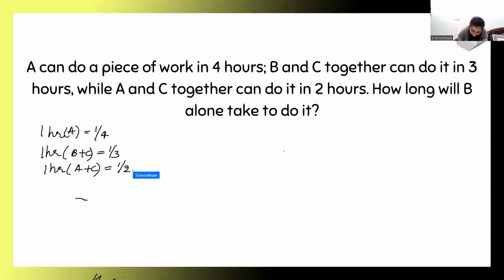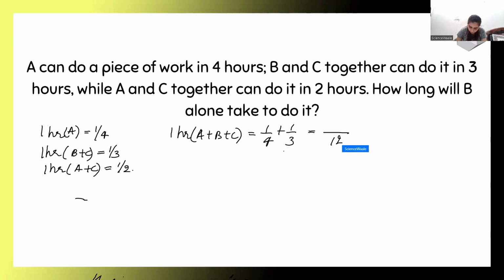So let's just calculate the 1 hour work of all the three. So 1 hour of A plus B plus C will be, so 1 hour of A plus 1 hour of B plus C, which is 1 by 3. So if we take it as 12, this is 7 by 12.